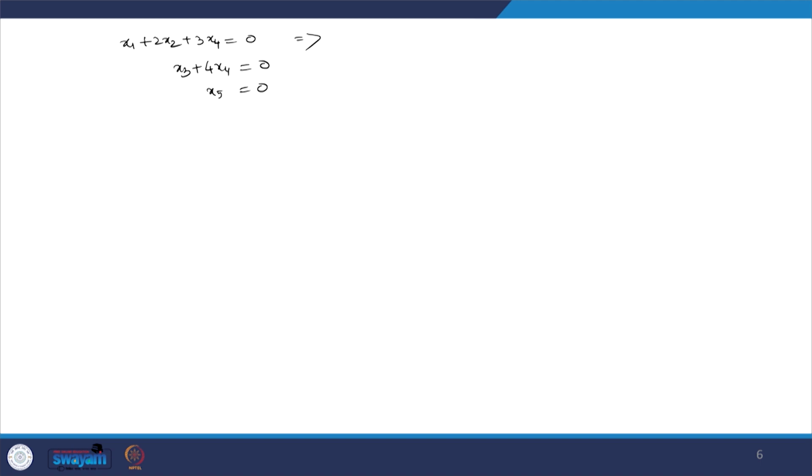This means that x1 is equal to minus 2 x2 minus 3 x4 and x3 equal to minus 4 x4 and x5 equal to 0.